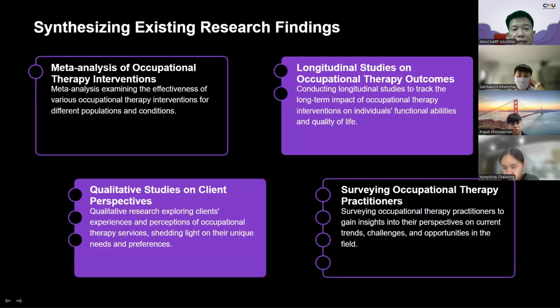The first is meta-analysis of occupational therapy, in terms of synthesizing; we need to do more than just my OBP perspective. We need to do analysis about occupational therapy in terms of intervention and condition, with specific or different populations. Longitudinal studies need to be planned more, not just short course or short term.